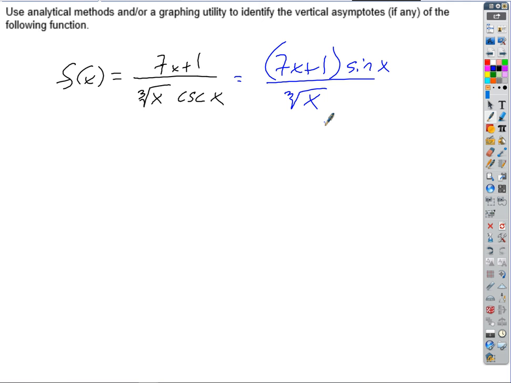Okay, so all we have to do is ask ourselves, when does the denominator equal 0? Right? Cube root of x equals 0 when x is 0, right? That's it. Okay. Questions? Okay.